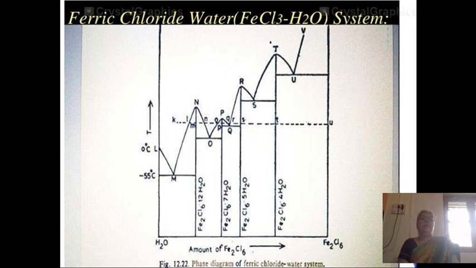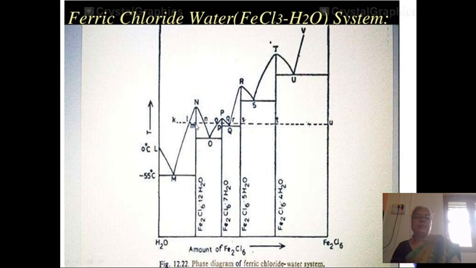In the ferric chloride and water system, there is a formation of dodecahydrate, heptahydrate, pentahydrate and tetrahydrate of ferric chloride.